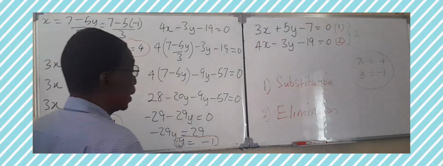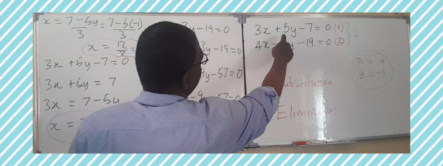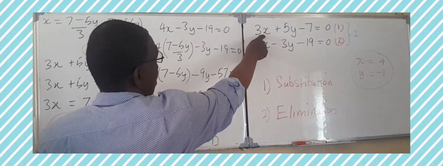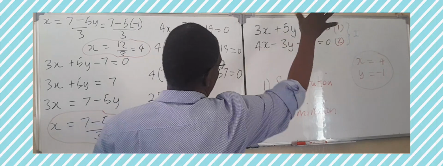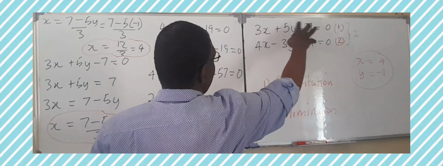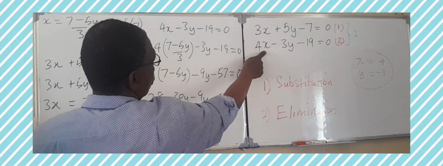But just to summarize, the method of substitution: you take one of the equations, you express one of the variables, either your x or your y, in terms of the other. Then whatever expression you get for that variable, you substitute it.